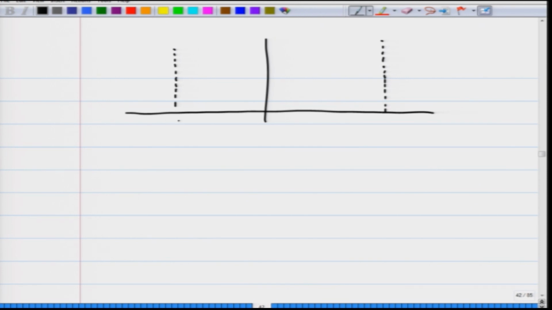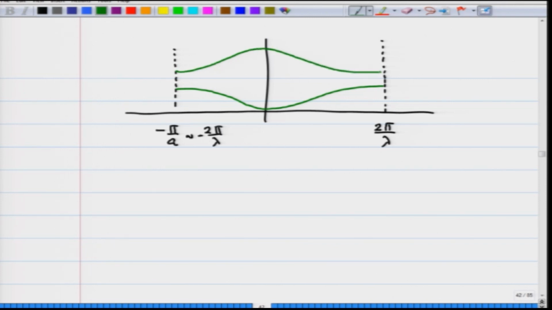This band diagram in the Brillouin zone, which is extending from minus pi over a, which will be 2 pi over lambda, minus 2 pi over lambda to 2 pi over lambda. In this, the particle would be moving in a band, like this.